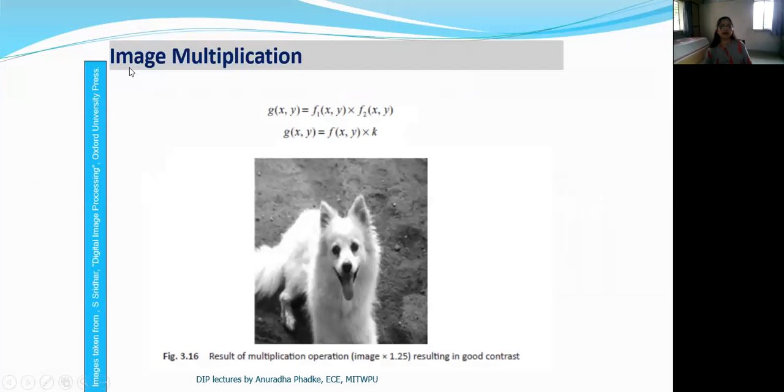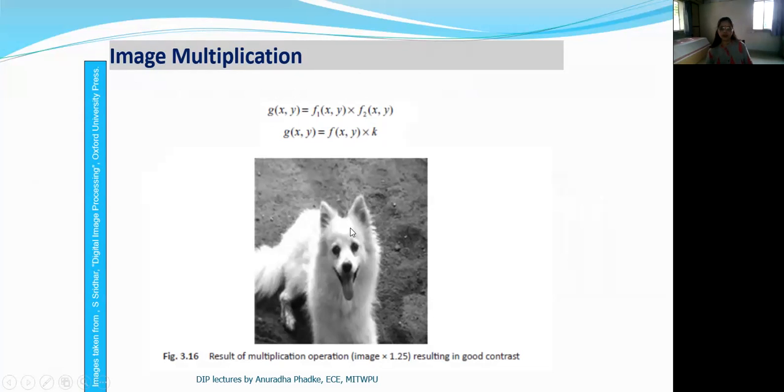Then let us have a look at another operation, that is image multiplication. As shown here, multiplication of two images can be given as f1(x,y) into f2(x,y). Again, these are pixel by pixel multiplications. Also, we can multiply an image by a constant, say k. k into f(x,y) gives you the multiplied image g(x,y).